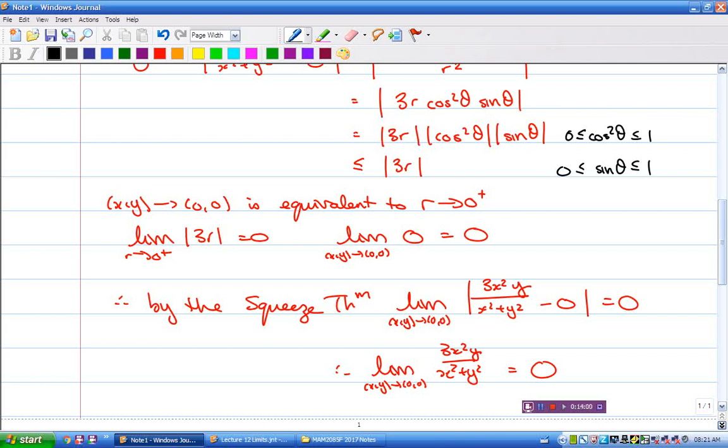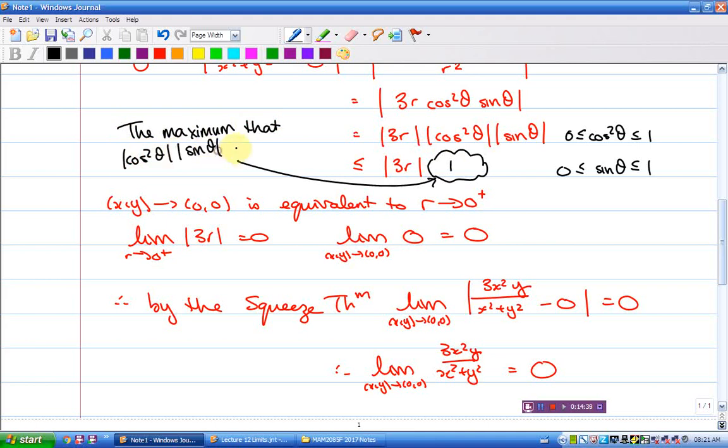I'll come back to that, but let me take this question. When we're talking about x and y, we're not limiting it to any positive, negative, anything like that. Correct. Then theta will also not be limited to anything between 0 and 2 pi, right? Correct. So theta can be anything between 0 and 2 pi. Yes, absolutely. So what we've done here is there's kind of an invisible 1 here, the maximum that mod cos squared theta and mod sine theta can be.